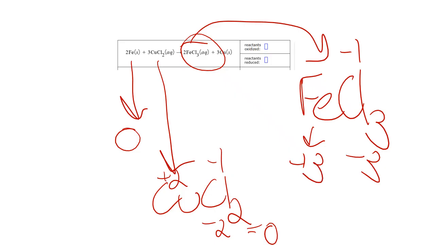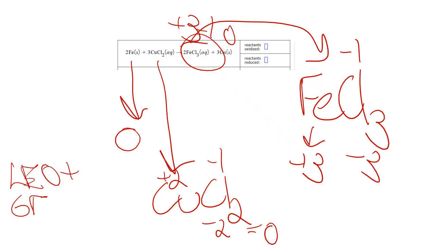So iron has to be a +3. Chlorine's a -1, copper's a 0. So iron is going from a 0 to a +3. So iron Fe is oxidized, and then the other one is being reduced.